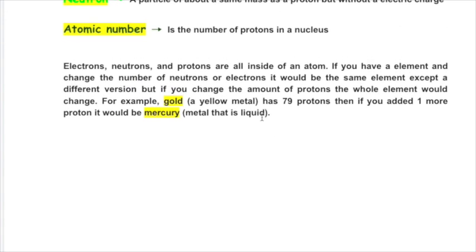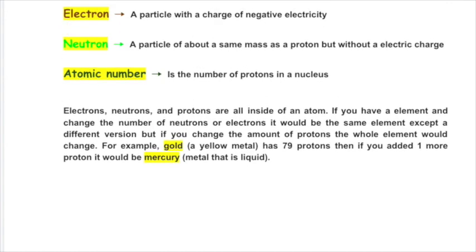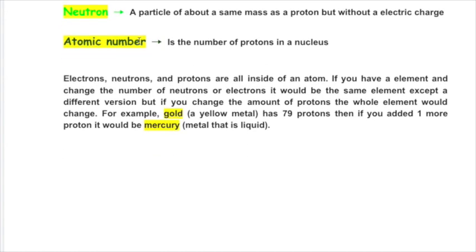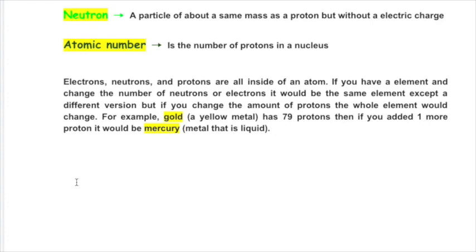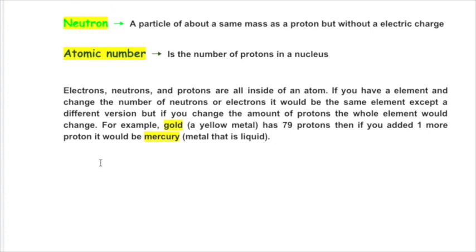Anyways, here's a bit of a summary. Electrons, neutrons, and protons are all inside of an atom, and those are the three main parts of an element.